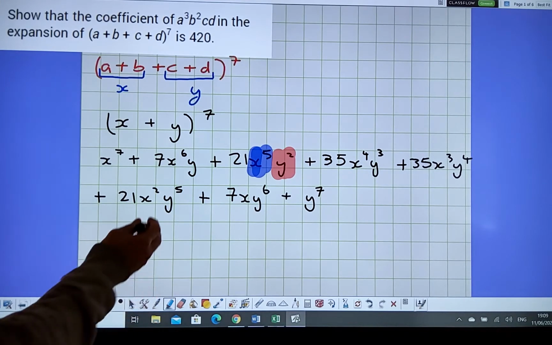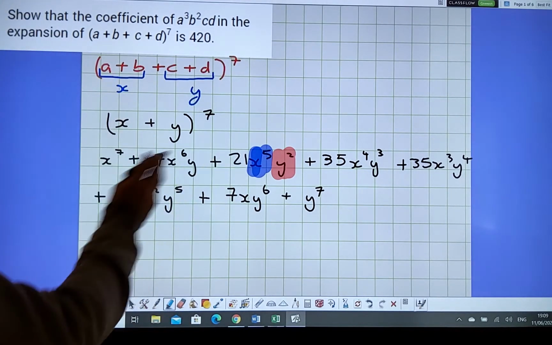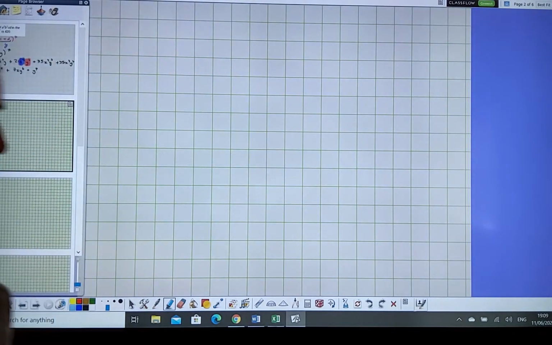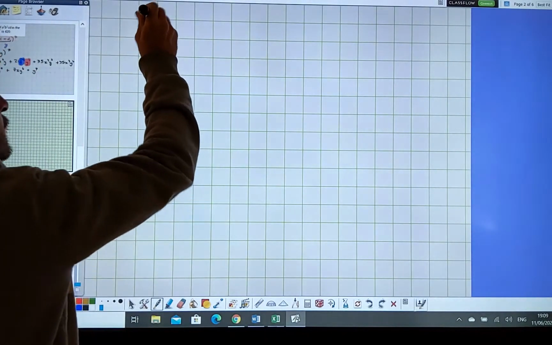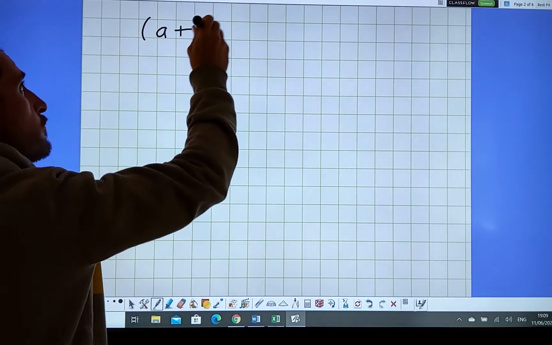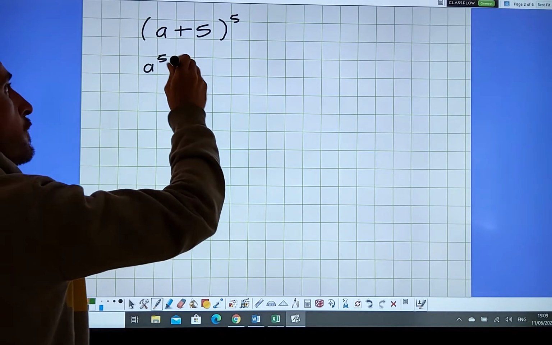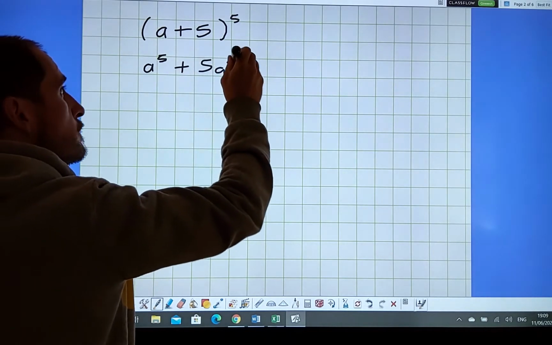Okay, so I'm going to expand x is equal to a plus b. So we're going to do a plus b to the power of 5. Okay, so let's go on here. So I've got a plus b to the power of 5. So that's a to the power of 5 plus 5a to the power of 4 times b.